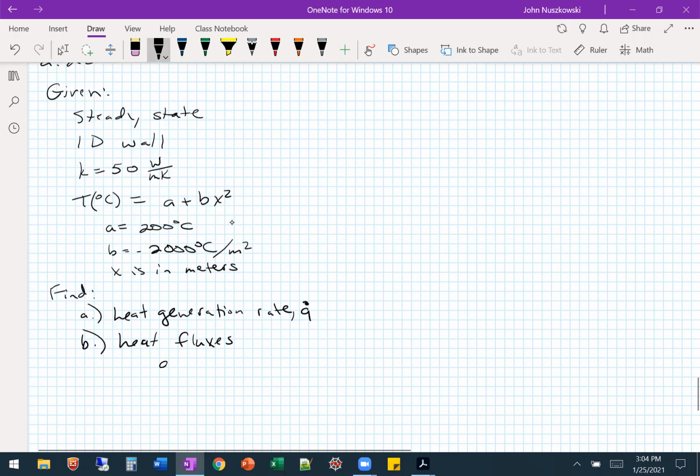So that would be at X equals 0, the heat flux, at X equals L, heat flux. And then they want to know in what manner are these heat fluxes related to the heat generation rate. So how are they related? Q dot.